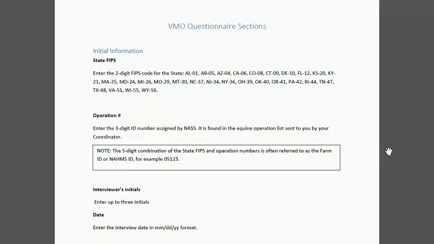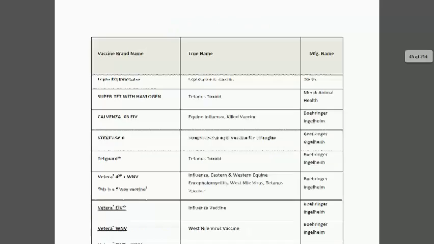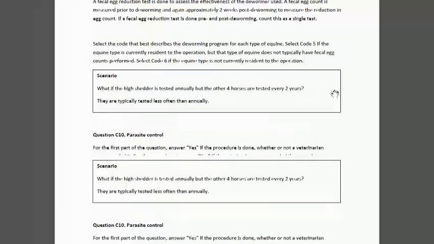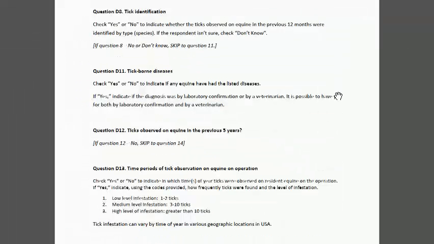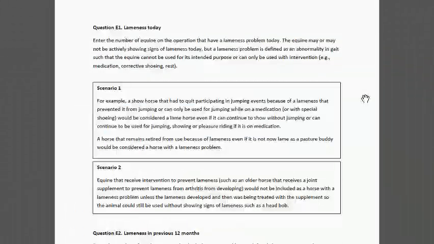Jason can... yes, page 16. No, excuse me, sorry guys. Lameness is page 34.